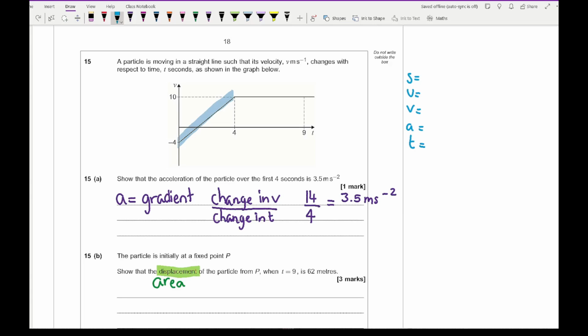So our initial velocity is -4, our final velocity is 10. Acceleration we know is 3.5 from part A, which is a gradient, and the time that takes is 4 seconds. So we have a choice really in order to find that displacement value. For any of the SUVAT equations that involve s, we can take a pick because we have all 4 pieces of information.